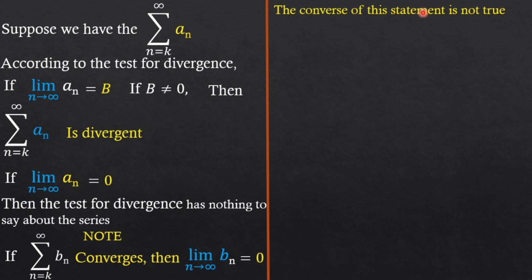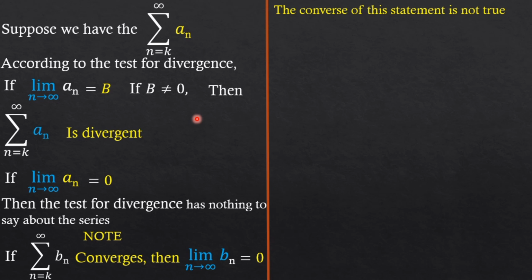Friends, in other words, if a series converges, then the limit of that sequence must give you 0. That does not mean that if the limit gives you 0 it converges. That is not true. That is what is meant by: the converse of this statement is not true.